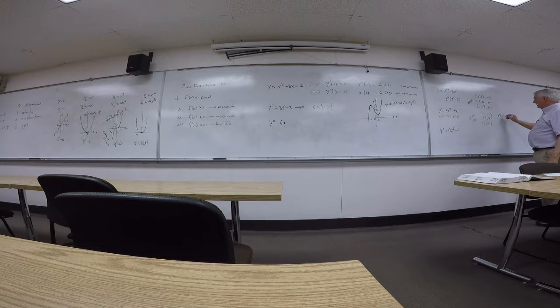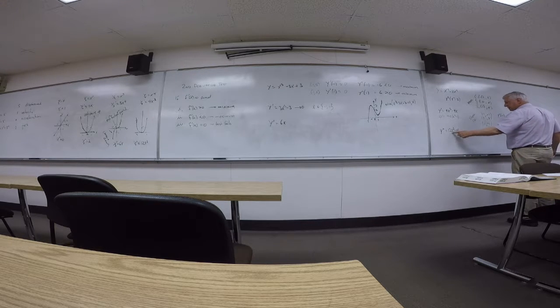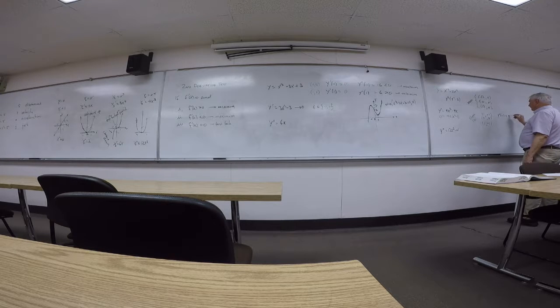Y double prime at negative 1 is 8, which is greater than 0. Y double prime at 1 is also 8, which is greater than 0. Y double prime at 0 is negative 4, which is less than 0.